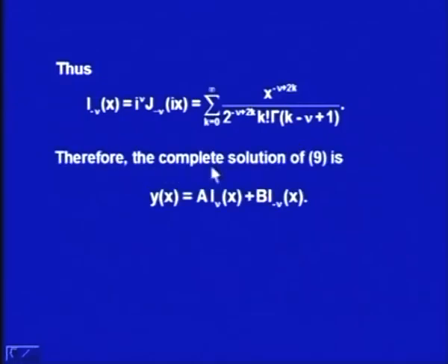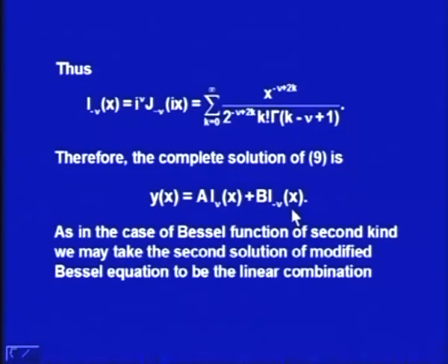And thus the complete solution of equation 9 we may write as y(x) equal to a times I nu (x) plus b times I minus nu (x).